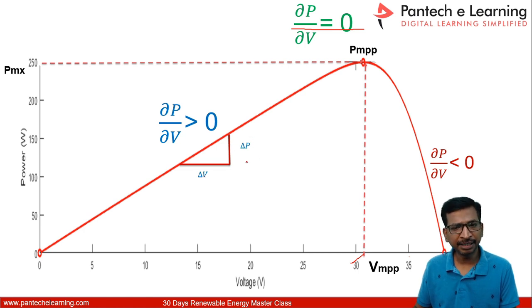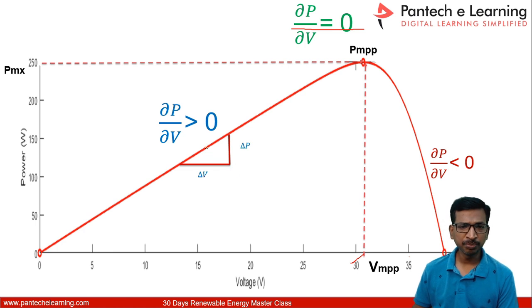Similarly, you can get the rate of change of power by multiplying voltage and current from the same ADC signal. Now, see, for the positive slope this variation will be greater than 0, and for the negative slope this variation will be less than 0.